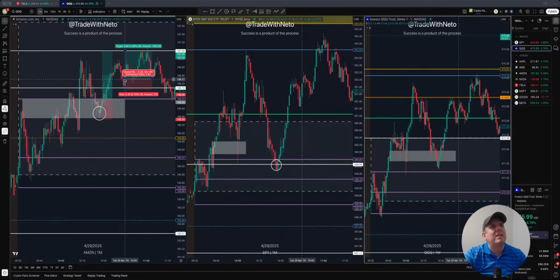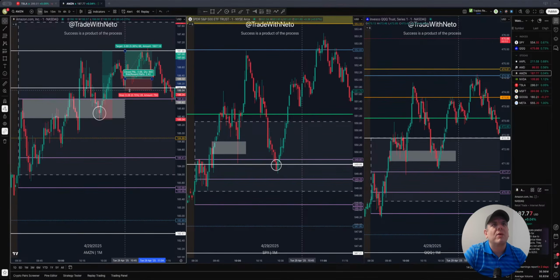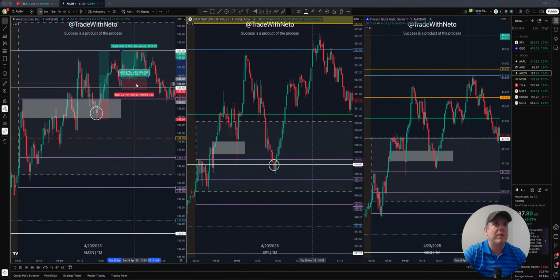I didn't take it, but it actually helped me to stay on this trade. So if you open your position here and you have your risk right below the previous week high, and you were aiming for this 187 key level, it was a 1 to 2.5 risk reward ratio trade.